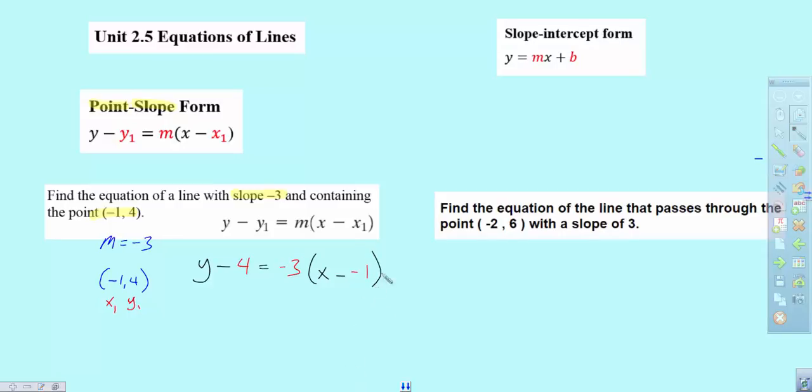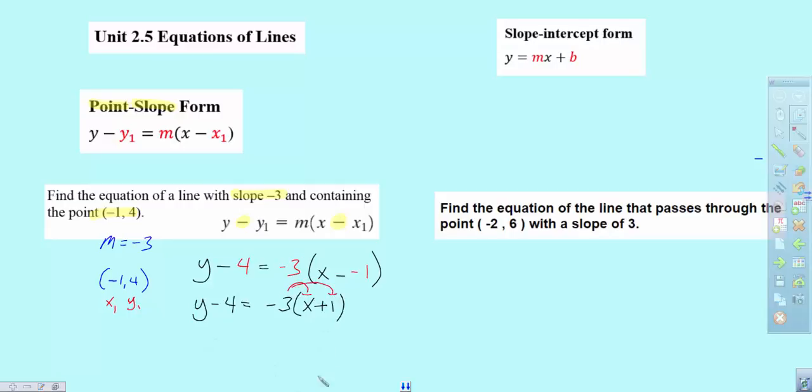The formula actually has the minus signs in it. You notice here that when I put this, it was y minus a positive 4. Over here, it's x minus my -1. So when we start simplifying this, we say y minus 4 is equal to -3 times x plus 1. Some of you might be able to handle that distribution at the same time, but I'm going to do it as two separate things.